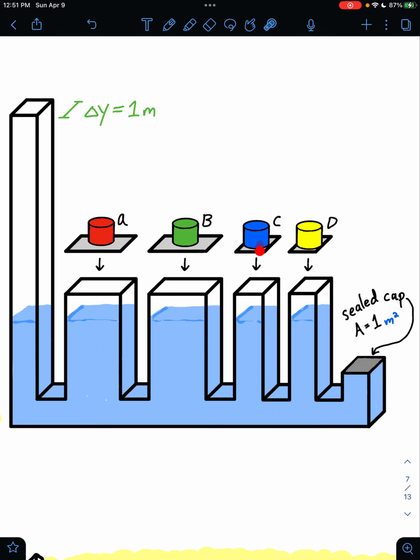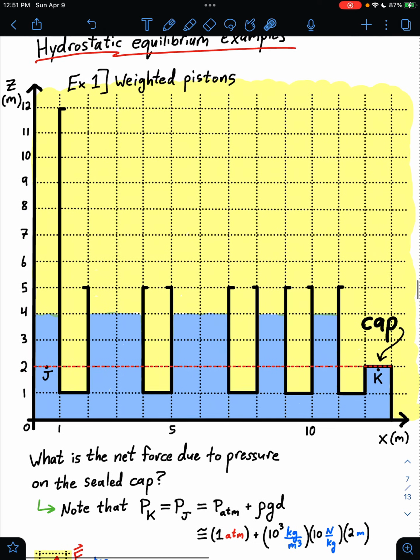So loading the water in, loading these weights in, making a tight seal, we're going to press the water down, and since water, a liquid, is incompressible, the total volume of water will have to be the same. So as we displace water in these columns, the water is going to have to rise up through this column here, all of which is going to increase the pressure on our sealed cap over there.